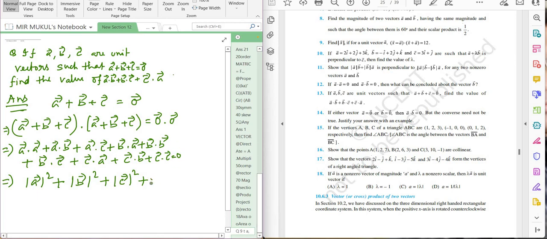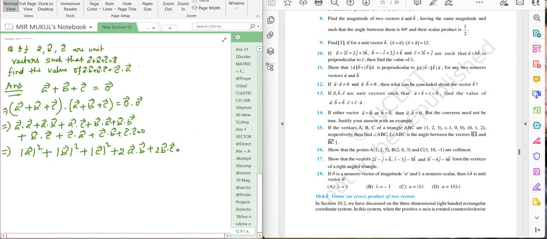So we can write 2 A dot B plus 2 B dot C plus 2 A dot C equals 0.